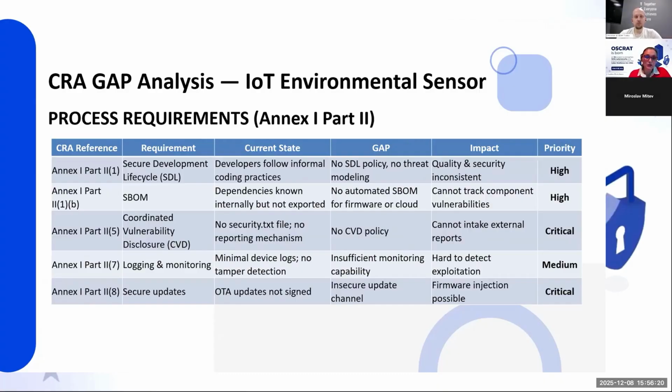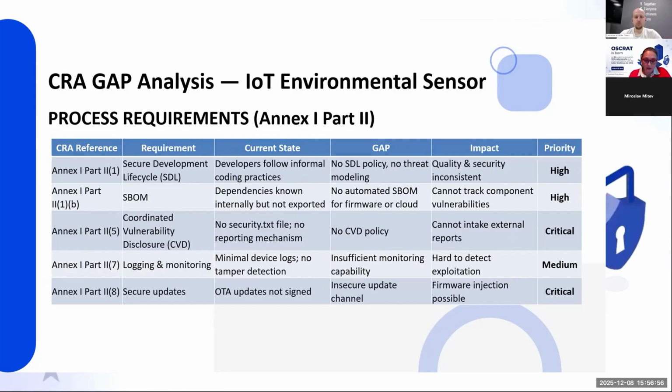Without a secure development lifecycle or SDL, software bills of material, as mentioned in the ENISA survey, and also without coordinated vulnerability disclosure, logging and security updates processes, the product simply cannot comply with the requirements.